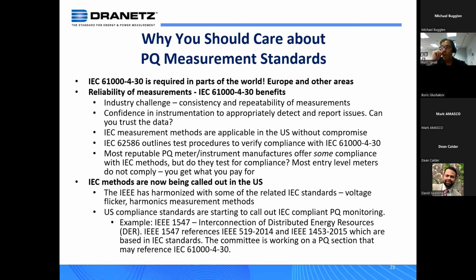So what this is basically saying is they're starting to not only look at the safety and production of energy from PV and DER systems, but also how well they're working with the utility. Are they being friendly to the utility? Are they introducing problems? Are they cooperating and not affecting in a negative way the utility systems? And that goes to reliable PQ monitoring specifically to these standards.